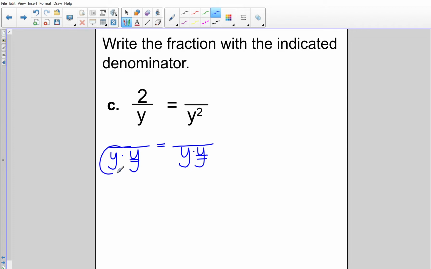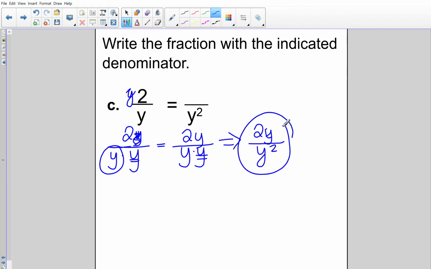So if I multiply by a y here, then I multiply by a y up there. So now I have 2 over y, I multiply by that y, this becomes 2y over yy, which we should simplify. So it's 2y over y squared. There you go.